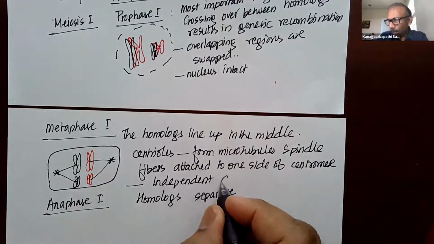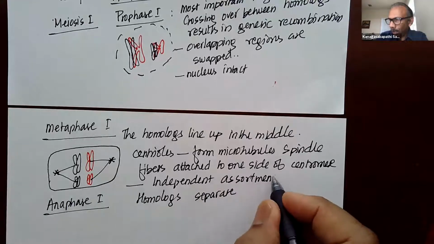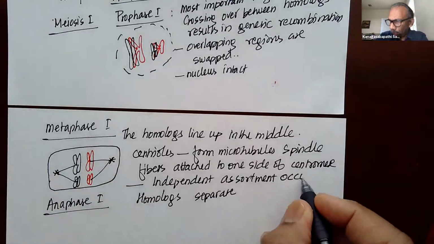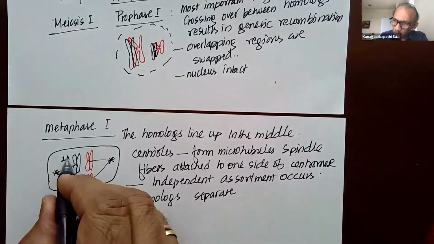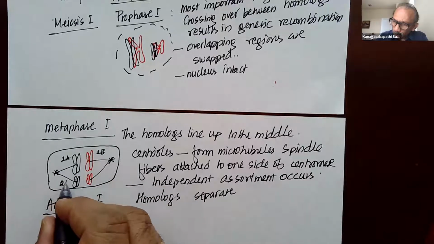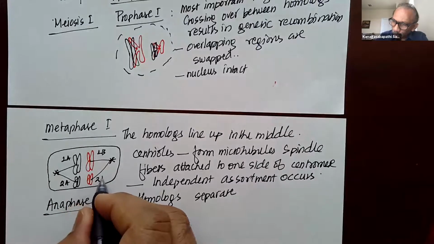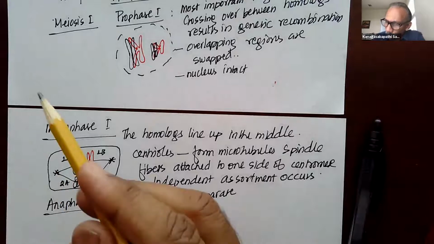What is that independent assortment? It is when the chromosome, say this is 1A, this is 1B, and this is 2A and 2B. So they can go in different ways.